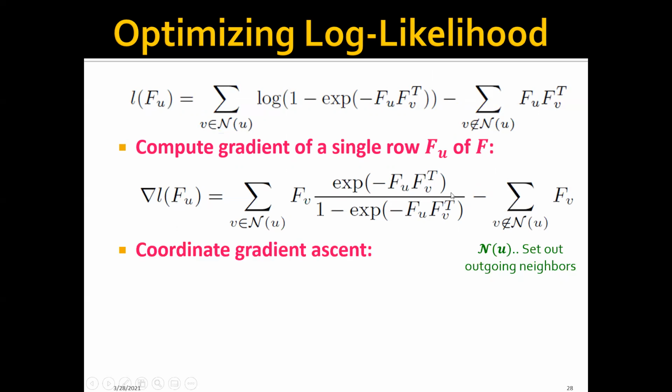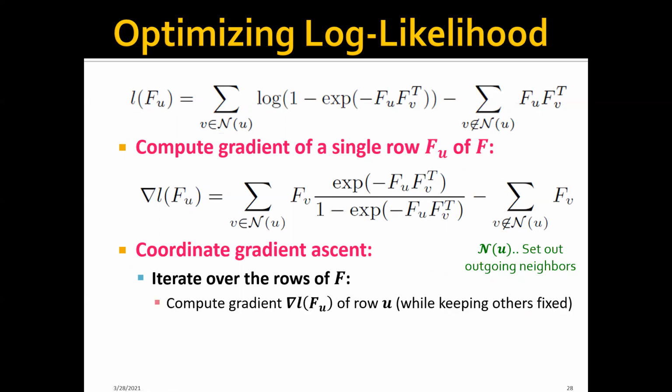And then we'll use coordinate ascent. And specifically, we will iterate over all the rows of the matrix F. And we will first compute the gradient of the objective function with regard to FU. So this is used to update the row U, while keeping all the others fixed. And we'll update the row FU using this equation. So basically, we're using coordinate gradient ascent. We update FU as FU plus the step size times the gradient.